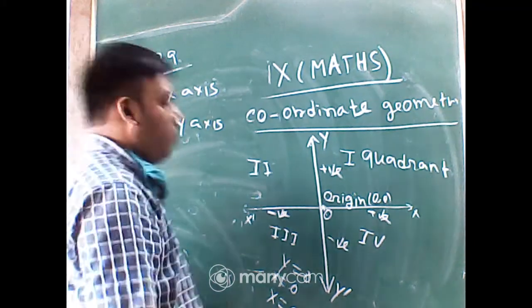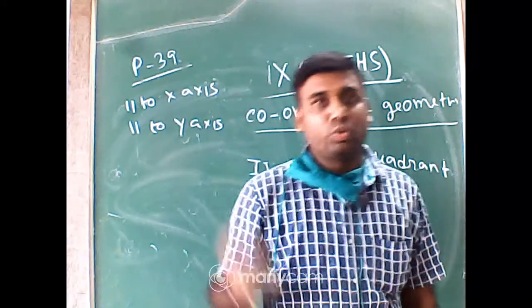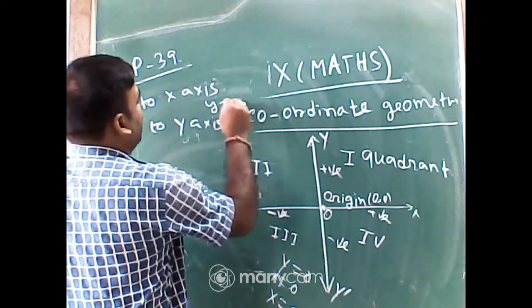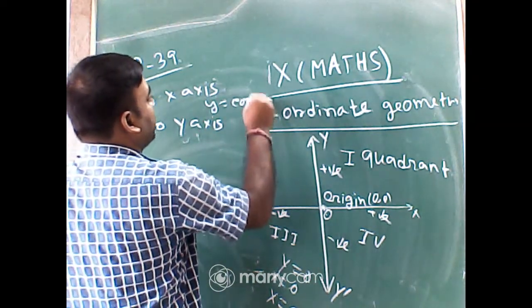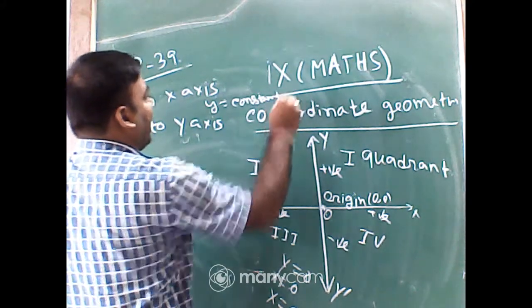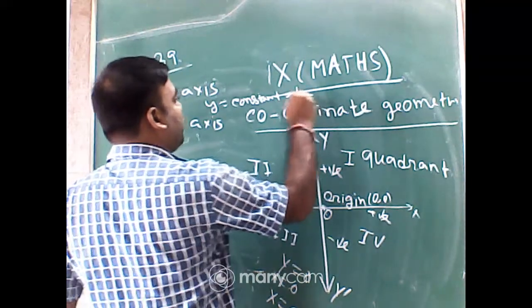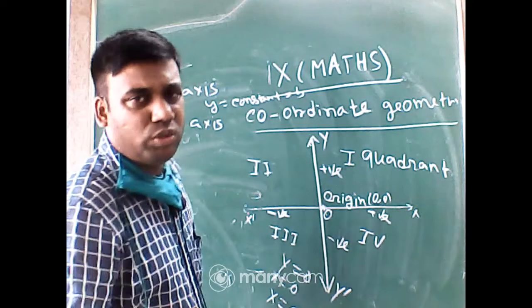Now, parallel to the x-axis, the answer will be y equal to constant, or y equal to b, it will be the same thing.